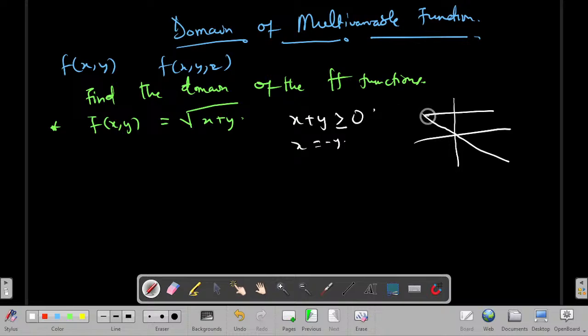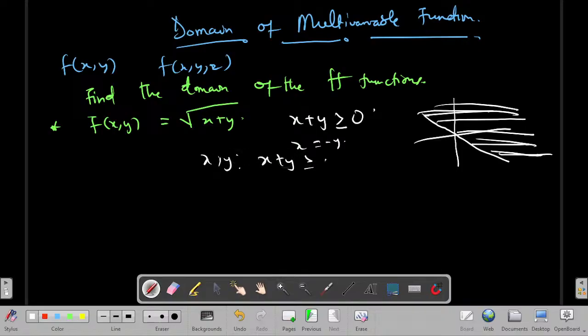So our region of interest falls this side. So this is our domain. Our domain is such that (x, y) is such that x plus y is greater than or equal to 0. As simple as that. That's all. Graphically, it is the region beyond the line passing through the origin. As simple as that.